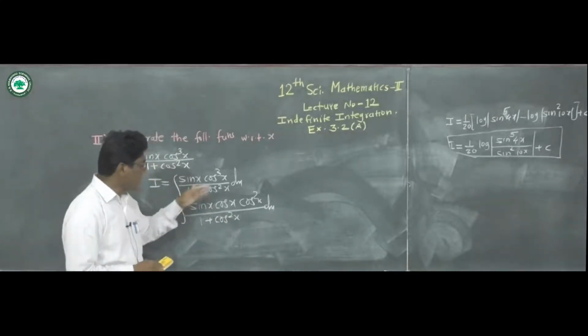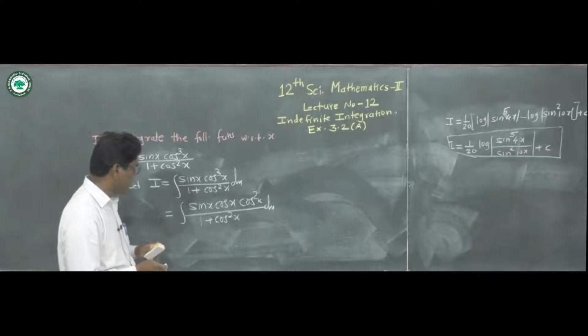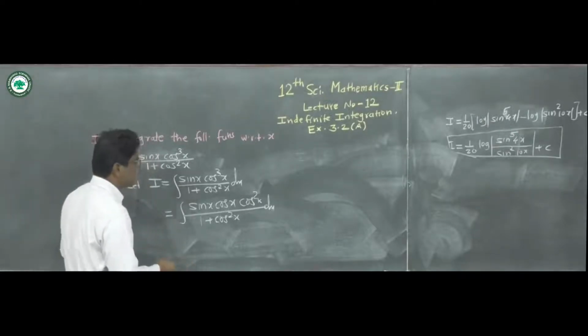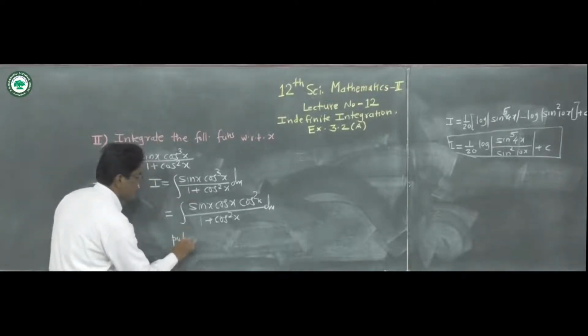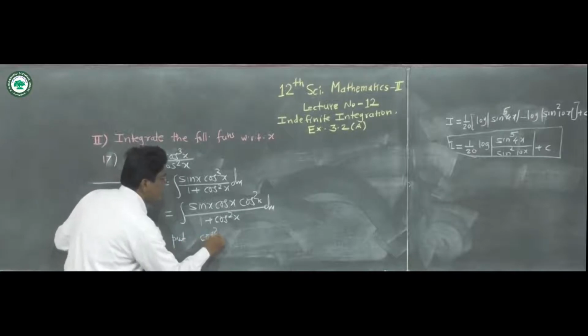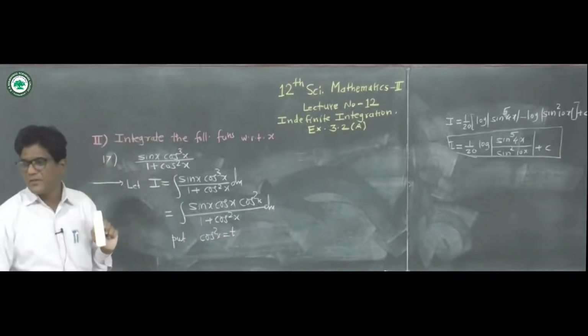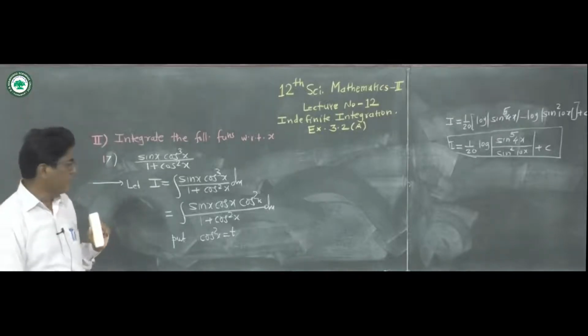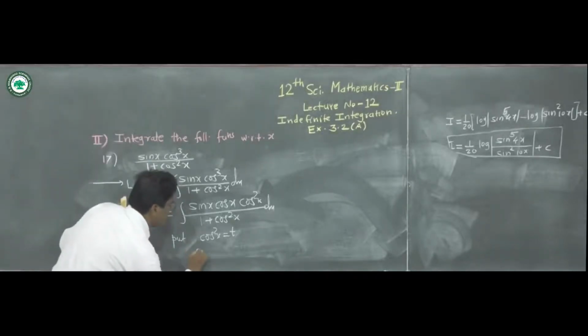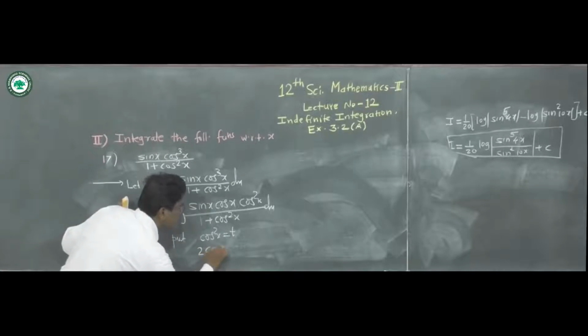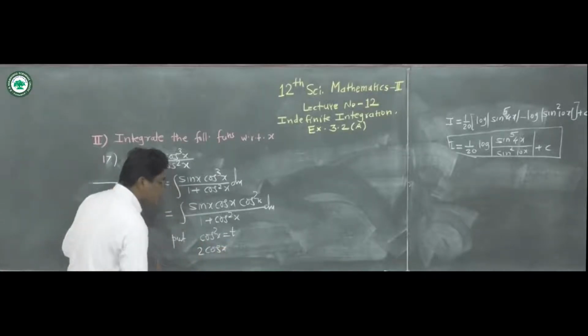So put here cos square x is equal to t. Differentiate with respect to x. So it is equal to 2 times cos x, and derivative of cos x is minus sin x.